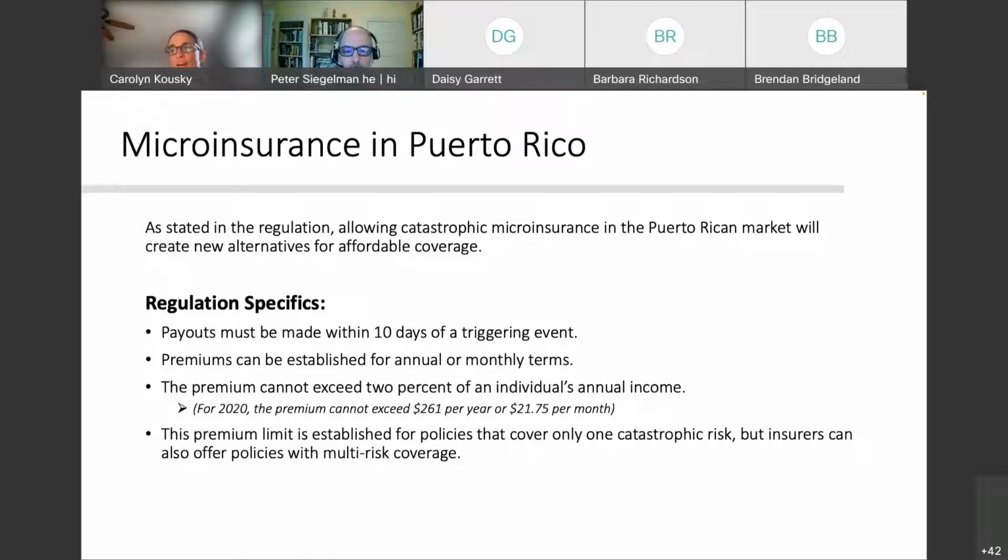I've not looked into this, so I'm not saying one way or the other whether it's true, but there's a perception that claims were not paid quickly, were not paid fairly, that there was a lot of denial of claims and poor customer service. Again, I don't know if that's true, but the idea of parametric insurance, where you don't have to argue over how much you are owed and you just get the money when the triggering event happens, was apparently very appealing to some customers. So take that as you will.